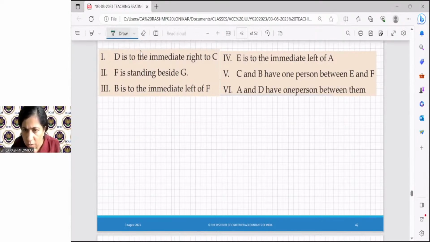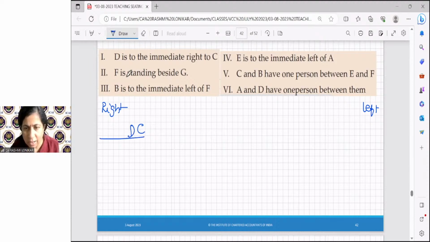D is to the immediate right of C, this is my right and this is my left. So first point: D is to the immediate right of C. So I have C, D. This position is now fixed.